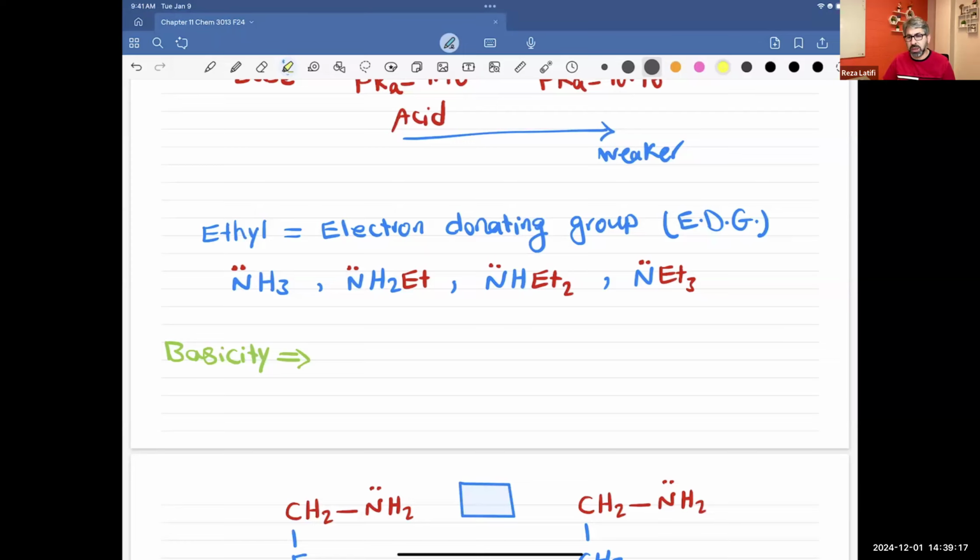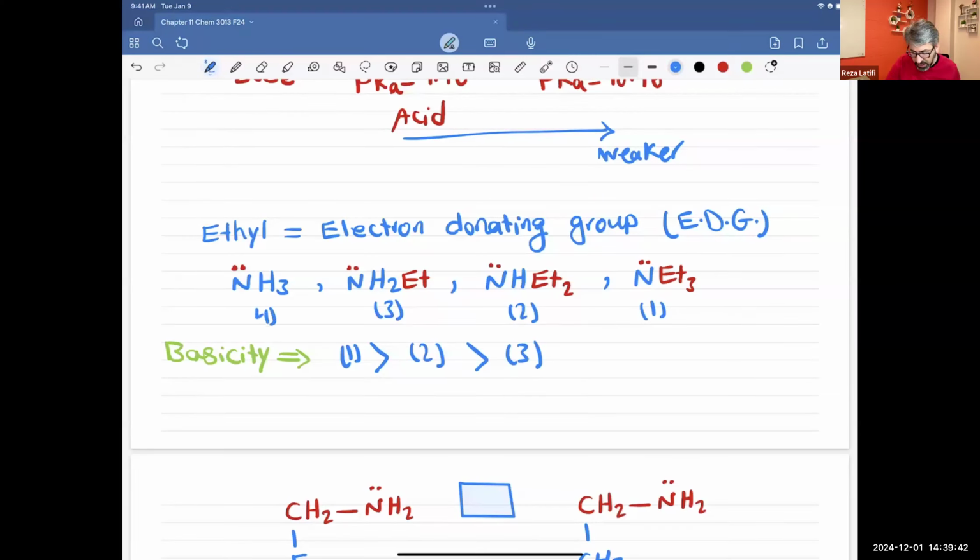If I want to talk about the basicity, I'm going to say this compound will be the strongest base. So number 1 is the one with 3 ethyls, the next one is the one with 2 ethyls, this one will be the third, and the weakest base will be ammonia.